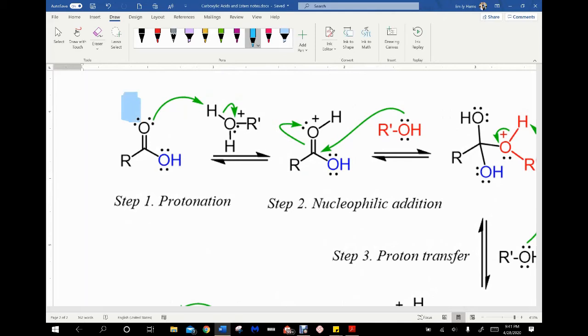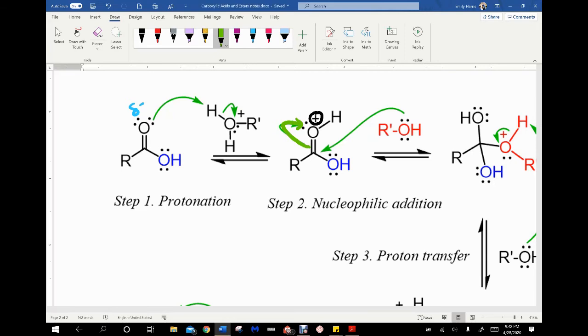Again, it's going to be slightly electronegative, so that makes it a good candidate for reaching over to grab that hydrogen from your acid. Once that oxygen is protonated, it creates a positive formal charge on the oxygen. Then you can take the pi electrons from that double bond and move them up to the oxygen to satisfy that positive charge.